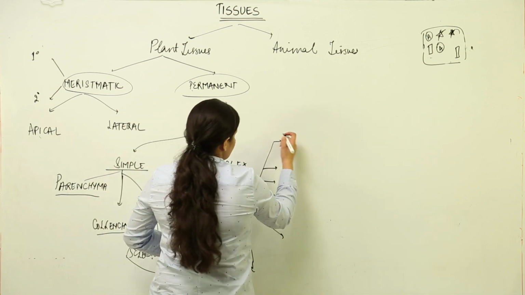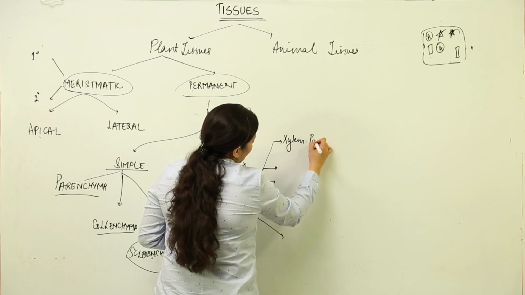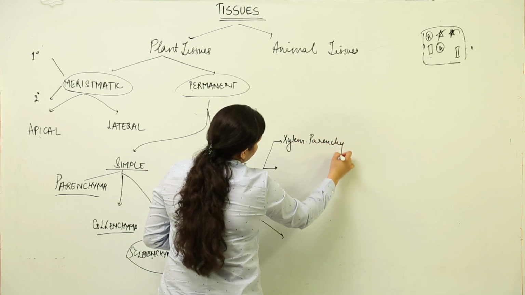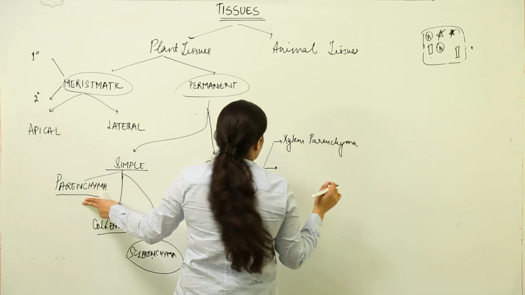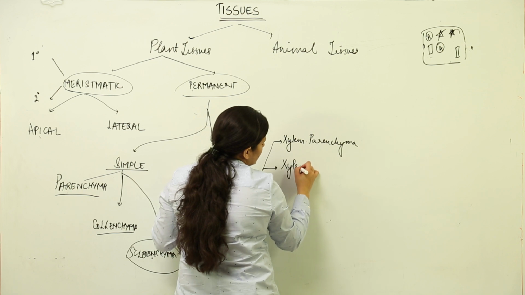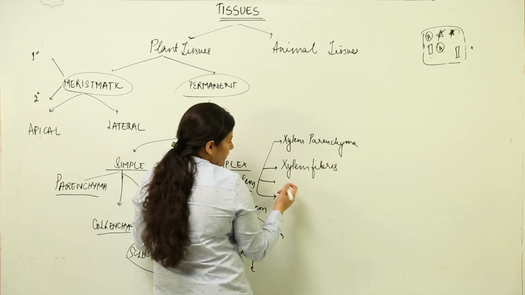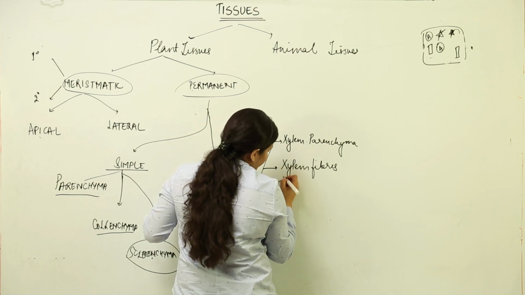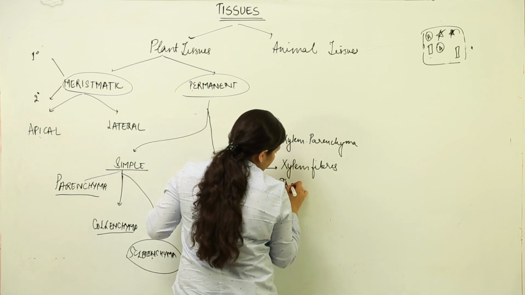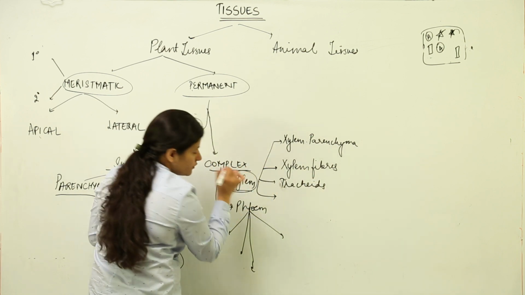Let us see. This xylem has the living part, that is xylem parenchyma, which would be similar to the parenchyma that we study over here. Then it has a non-living part, that is xylem fibers. Then we have the tracheids. Now you know this xylem is like a water bottle for the plant.